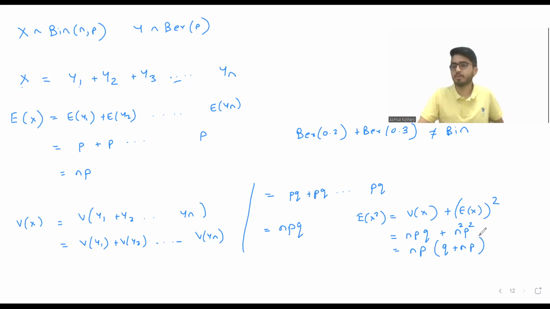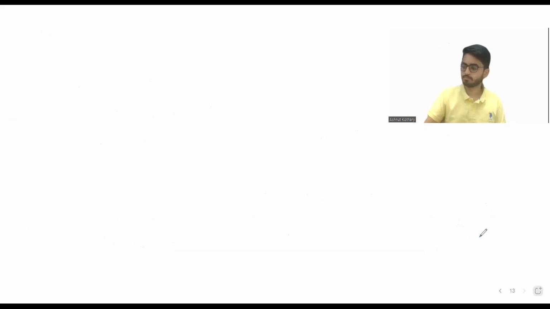This is what your expectation of x square should come out to be. So this was regarding binomial distribution. Next, we'll look at negative binomial.